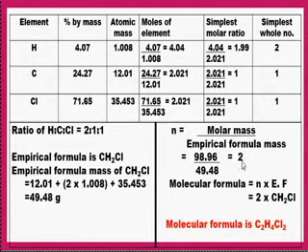On dividing we get 2. So here n is equal to 2. Now this n is multiplied by the empirical formula to get the molecular formula. So 2 into the empirical formula, we get the molecular formula of the compound as C2H4Cl2.